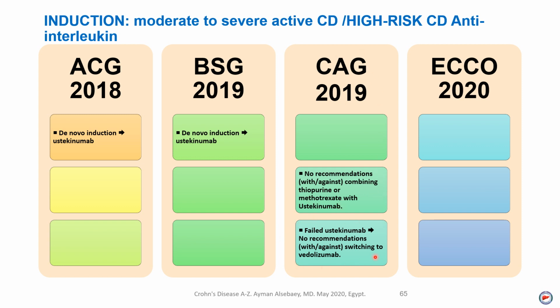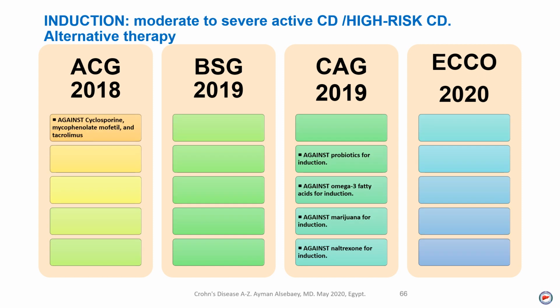This is a bad scenario put here. If we have failed ustekinumab, provided that the patient did not use vedolizumab from the start, should we switch him to vedolizumab? There is no clear recommendation. Alternative therapy: the ECCO did not recommend using cyclosporin, mycophenolate mofetil, and tacrolimus in the treatment.